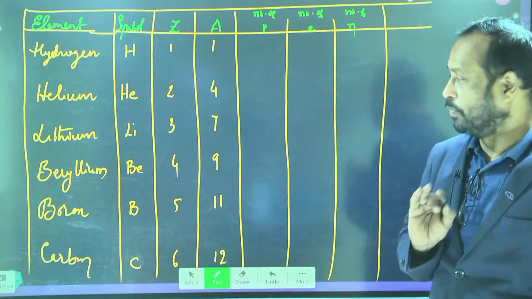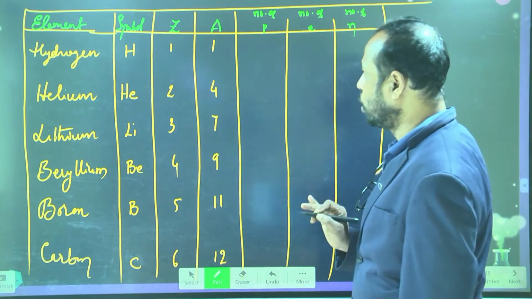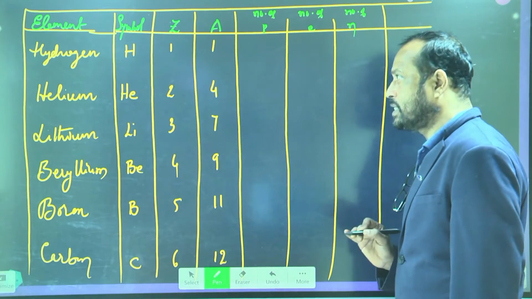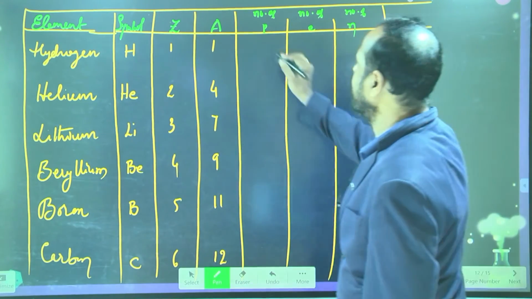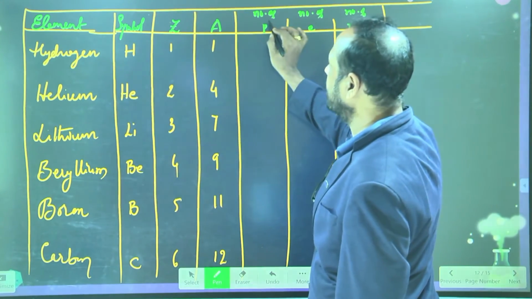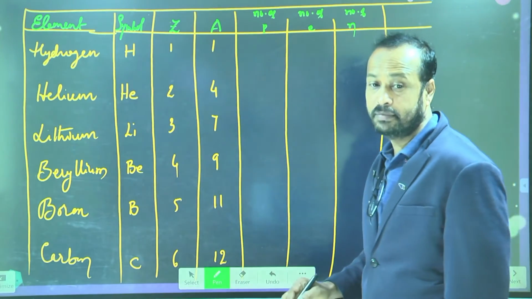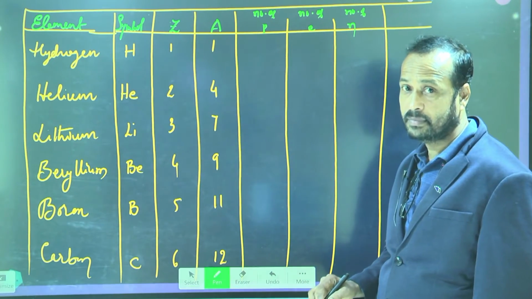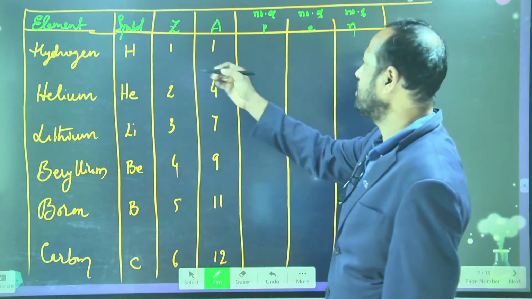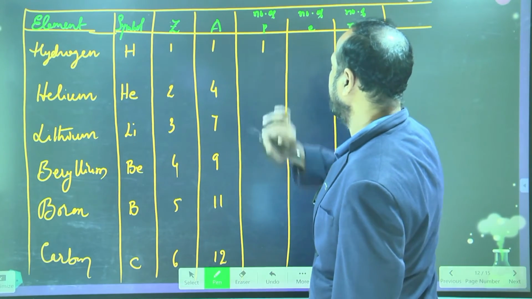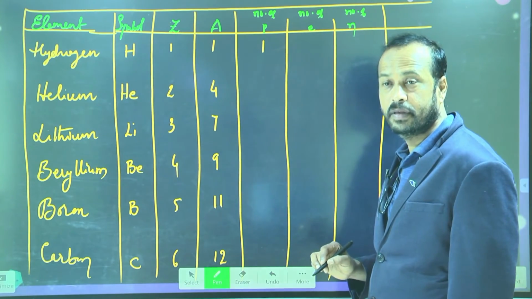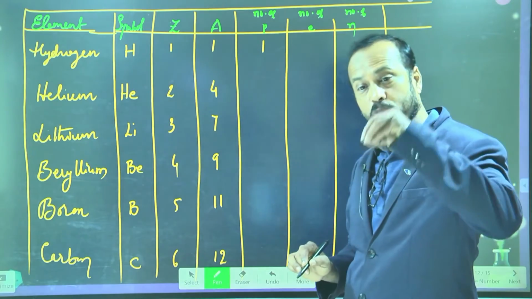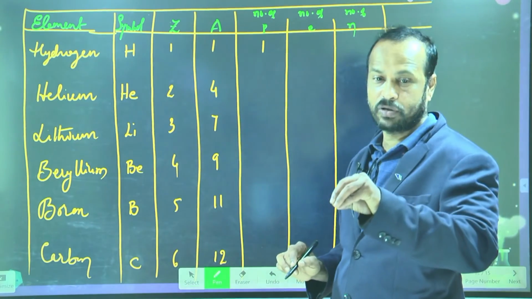Now you have to know every element consists of how many electrons, how many protons and how many neutrons. See, how many protons are present in hydrogen? 1, because the atomic number is 1. So write 1. How many electrons? 1 only, because the same number of electrons as protons will be there.